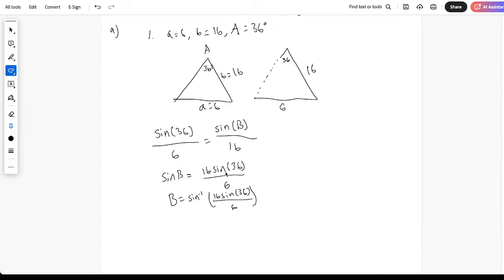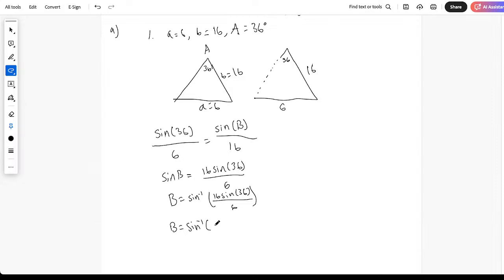Okay, so let's first solve for the inside part, this right here. So we'll have to take this one step further. B equals the inverse sine of 16 times sine of 36 over 6.